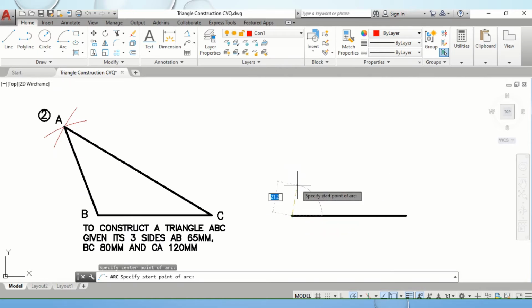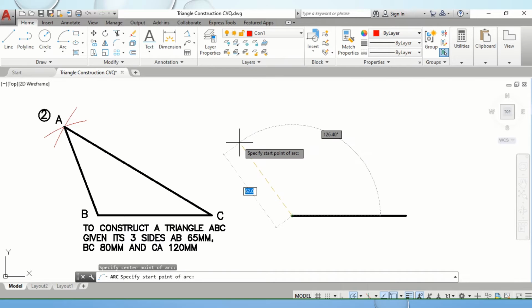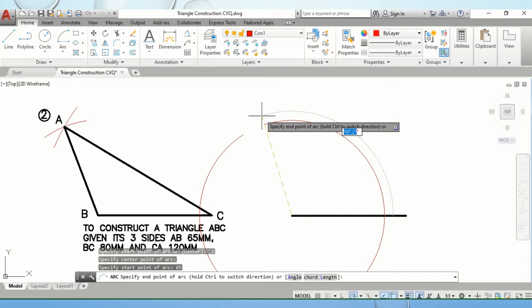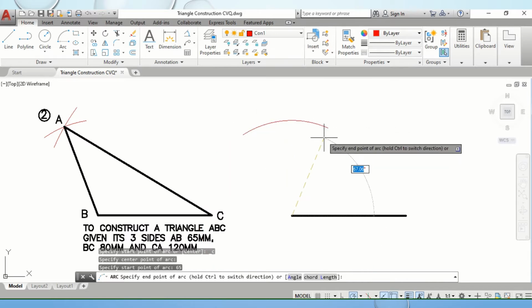This is going to be AB, which is going to be 65 millimeters. So I'm just going to draw a big arc. So enter my distance, 65 millimeters. I'm going to use Control. I'm not sure where my sides are going to be, so I draw an arc to represent it.